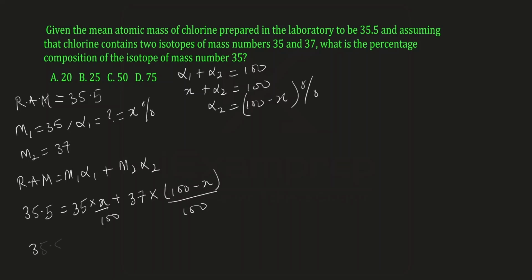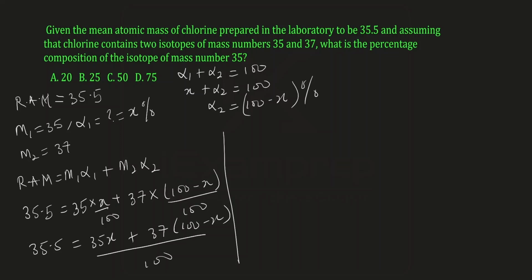The first thing we do is combine the denominators, because we have the same denominator of 100. We are going to have 35x plus 37 times (100 minus x), all over 100. Then we have 35.5 equals 35x plus, after folding the bracket, 3700 minus 37x, all over 100.